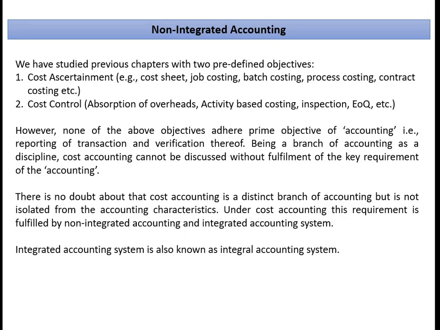In the case of the integrated accounting system, instead of preparing two separate books of account, only one set of books of account is prepared, and in the same set both types of transactions, cost accounting transactions as well as financial accounting transactions, are recorded.